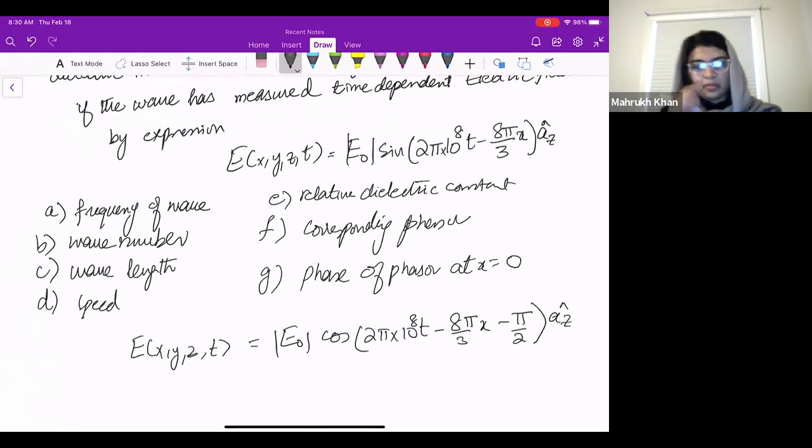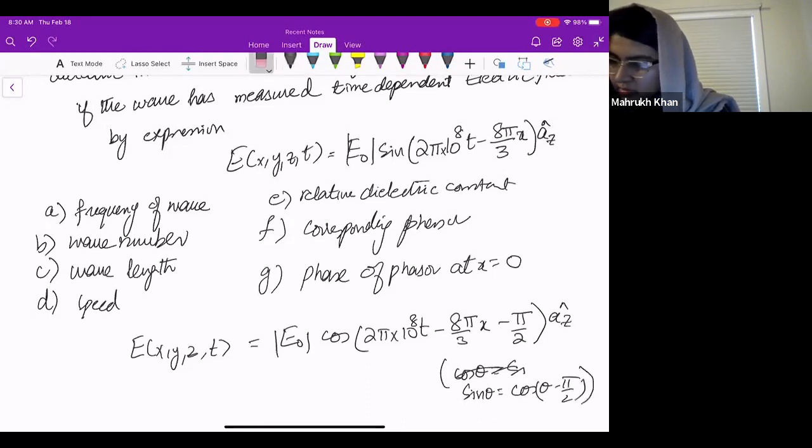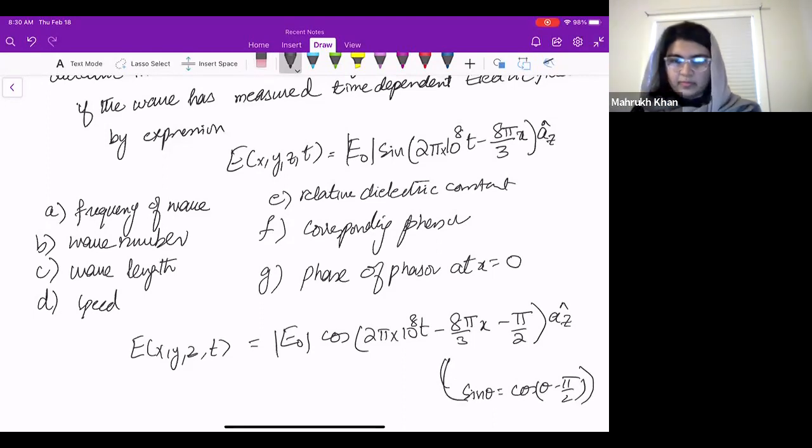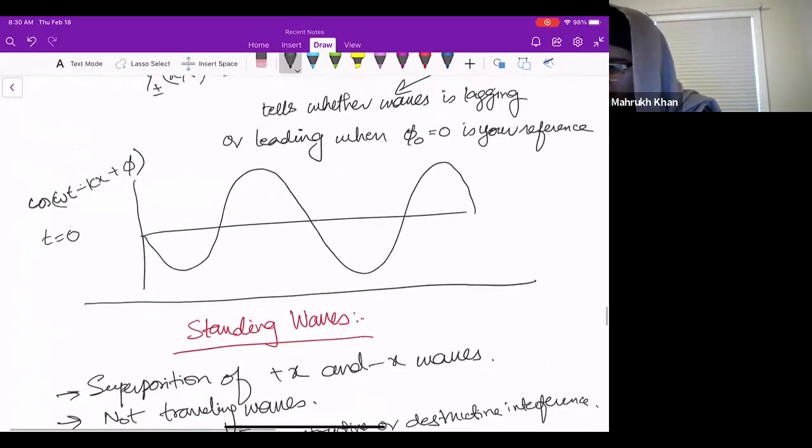Right? Because my sine theta is equal to cos theta minus pi by 2. I think we have done this before. Should I move up to confirm? I just want to see we have done it here somewhere.